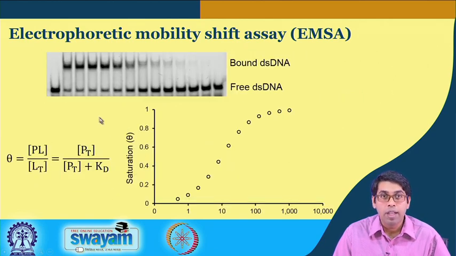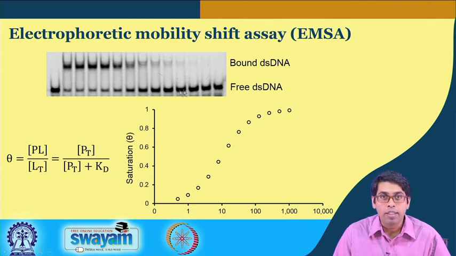Once we have that, you load them in different lanes. Again, remember, this is a native PAGE. You make it very similar to what we have discussed before, except that you leave out the SDS, and the first lane has the free DNA, and these are the lanes where you have loaded the reactions. Here the protein concentration was the smallest, then you have more protein, more protein and more protein.